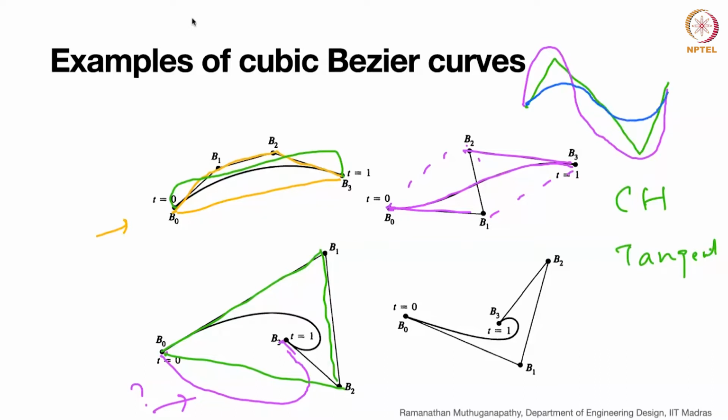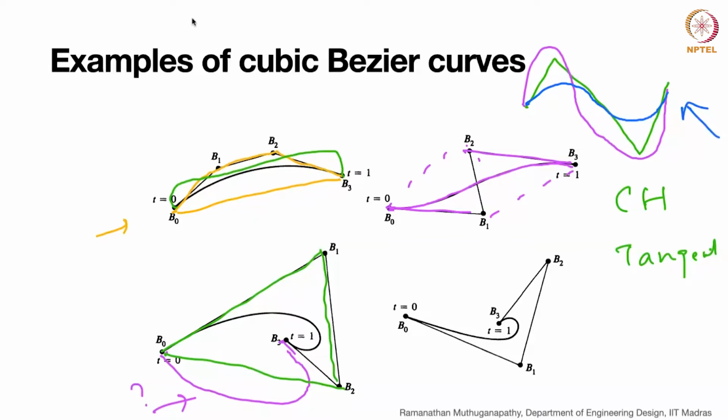What is the difference between the two things that I drew? The second one lies inside the convex hull, and the first one didn't. This property we already saw. Anything else that you can think of?